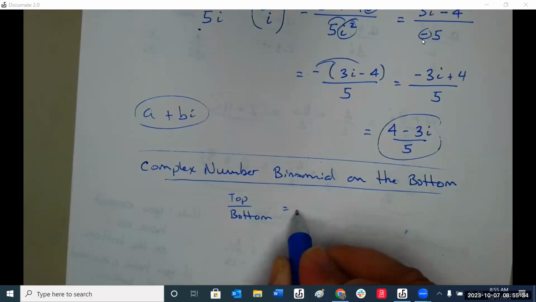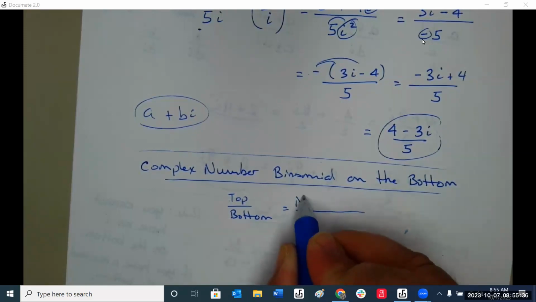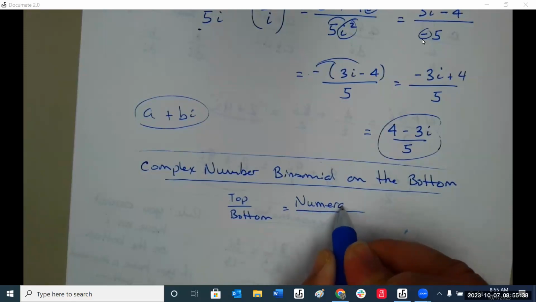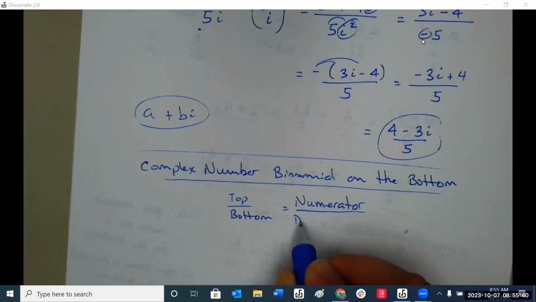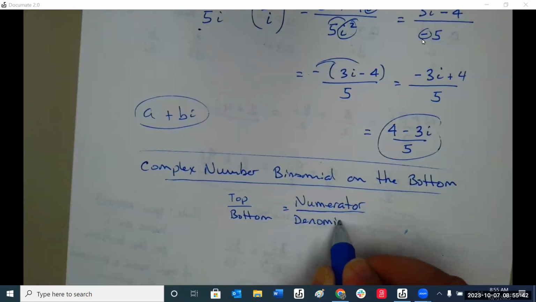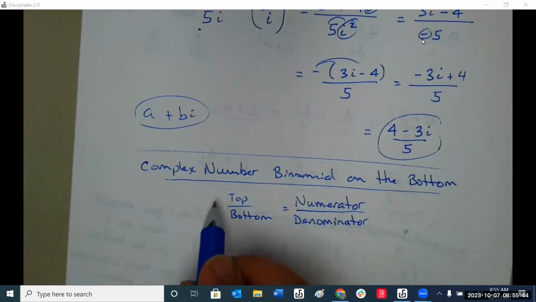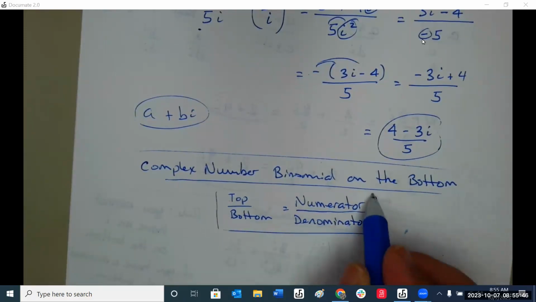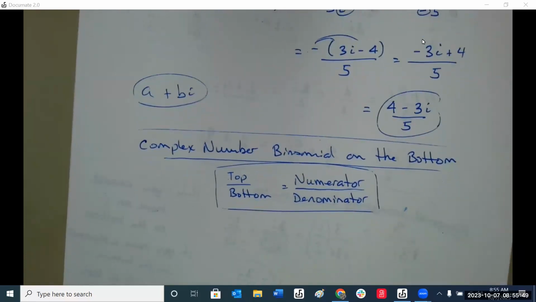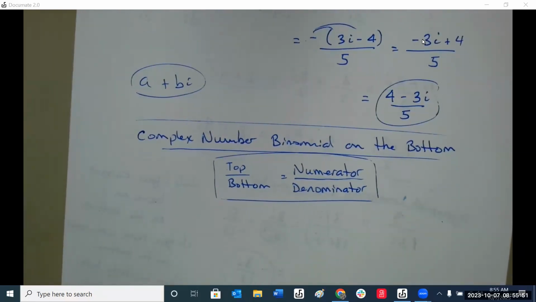I use top and bottom because I don't want to write out numerator, denominator. I always use top and bottom because it's easier to write.